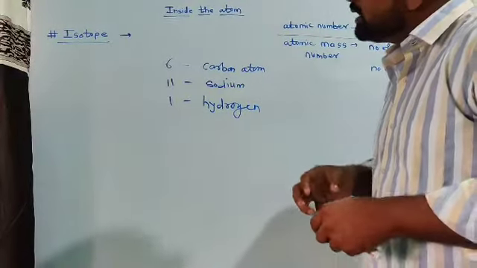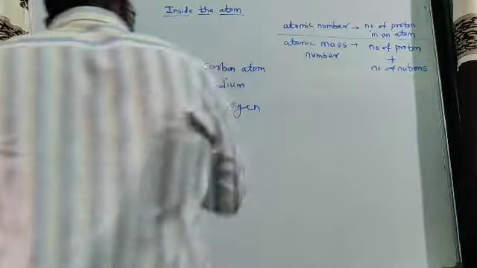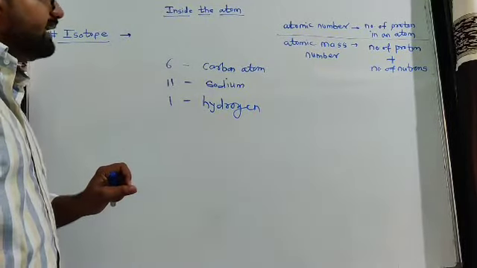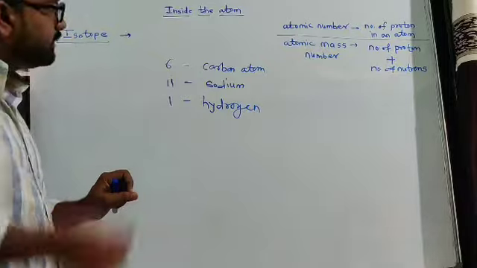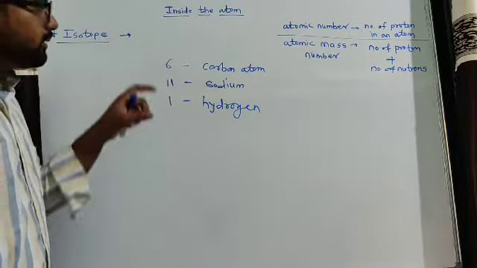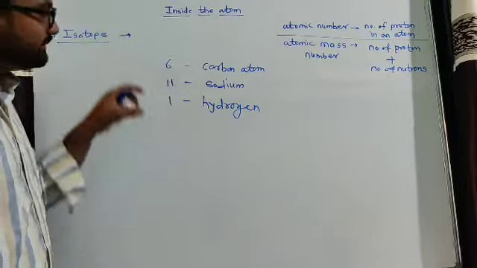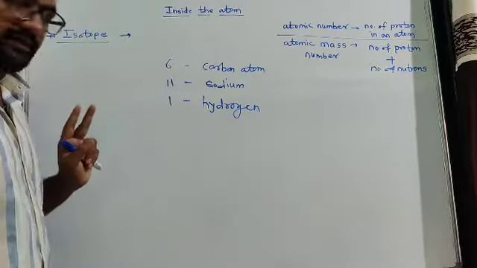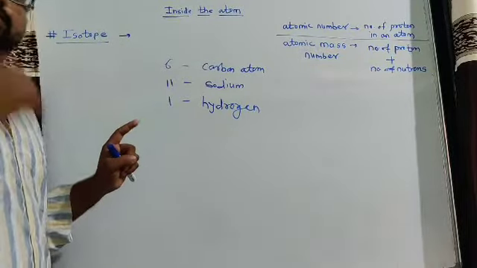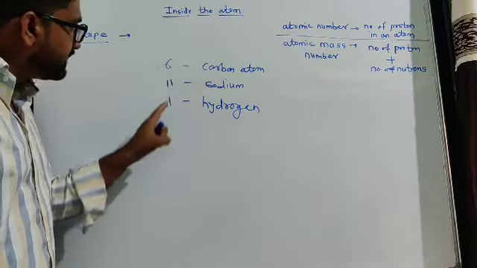This atomic number is the fundamental property, so we can identify any atom, because for a particular atom the atomic number is fixed. For carbon it is 6, which means 6 protons are present inside the carbon atom.